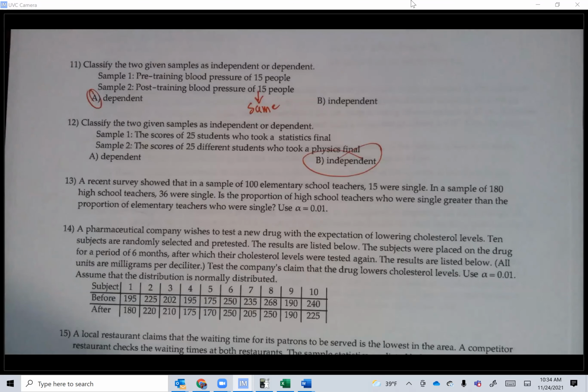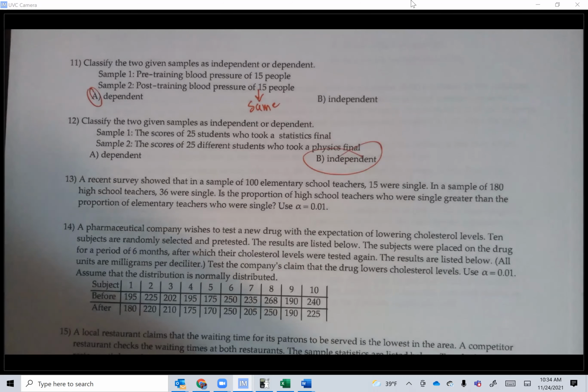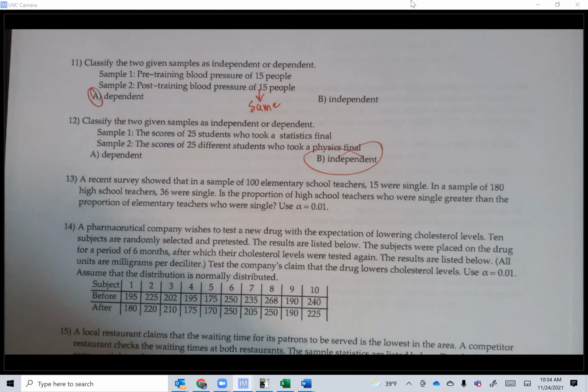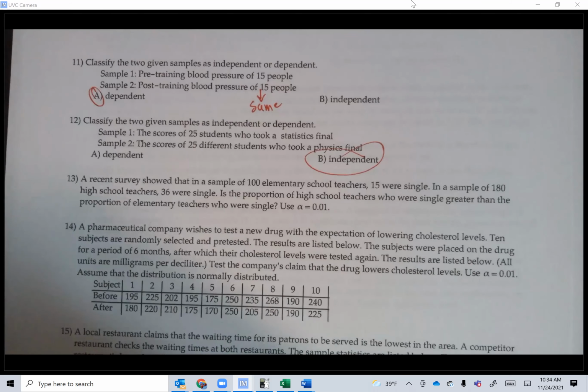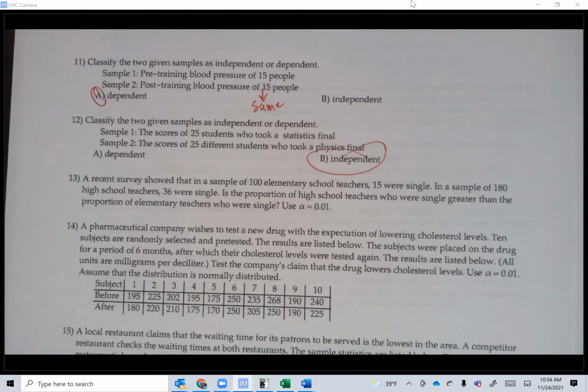Number 13, a recent survey showed that in a sample of 100 elementary school teachers, 15 were single. In a sample of 180 high school teachers, 36 were single. Is the proportion of high school teachers who were single greater than the proportion of elementary school teachers who were single? Okay, so now guys, these are two sets.